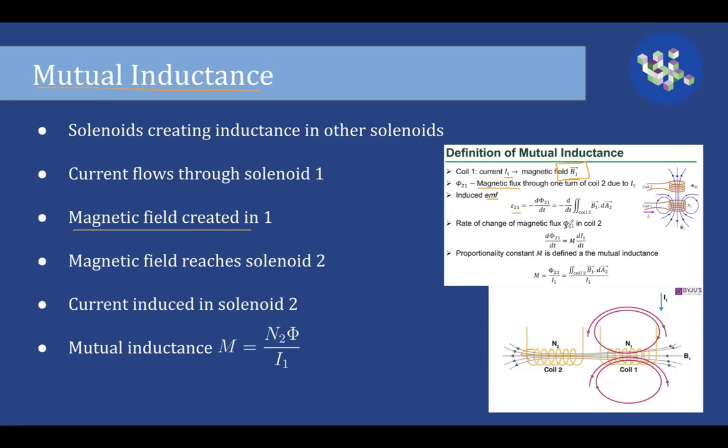The rate of change of the flux in coil 2 is some M, our proportionality constant for mutual inductance, times dI1/dt. So we get an expression for M: the flux through the second solenoid, which is N2 times B times A, over the I1 from the current you're running through solenoid 1.